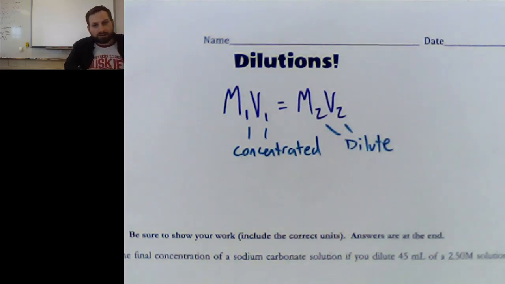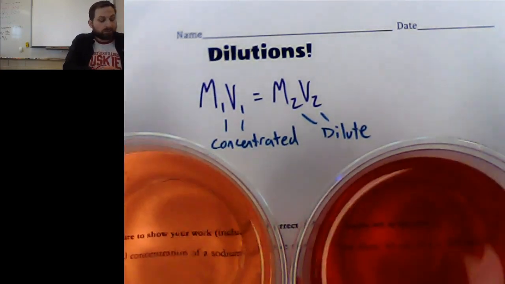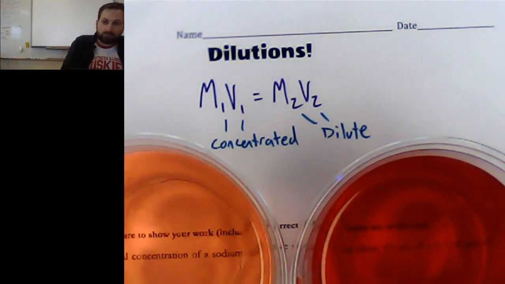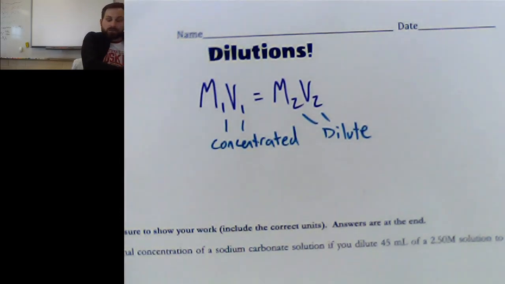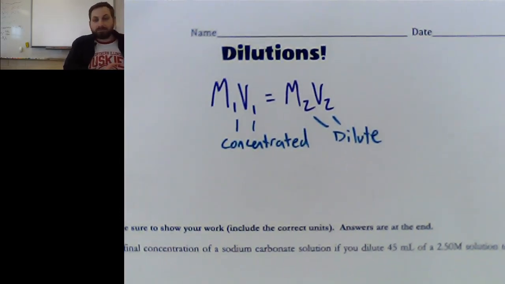What this equation allows you to do is calculate things like how much water do I need to add to this red Kool-Aid to make it more like the pink colored Kool-Aid. It's very helpful.